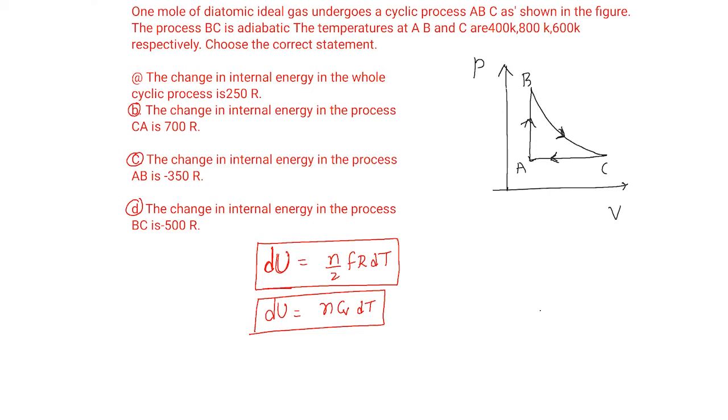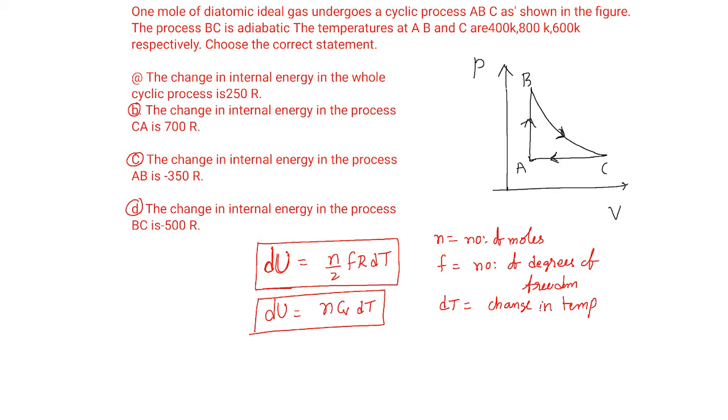In n by 2 F R dT, n is the number of moles, F is the number of degrees of freedom of that type of gas, and dT is the change in temperature.